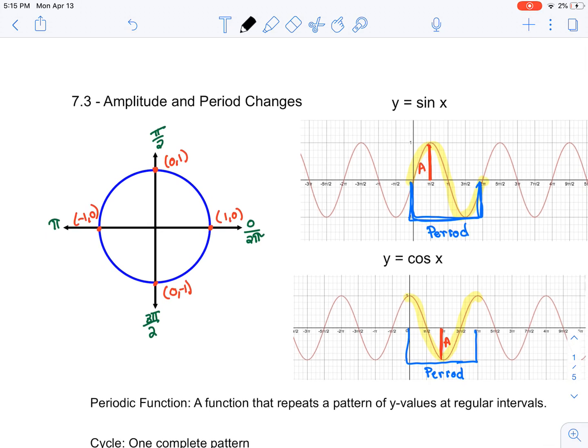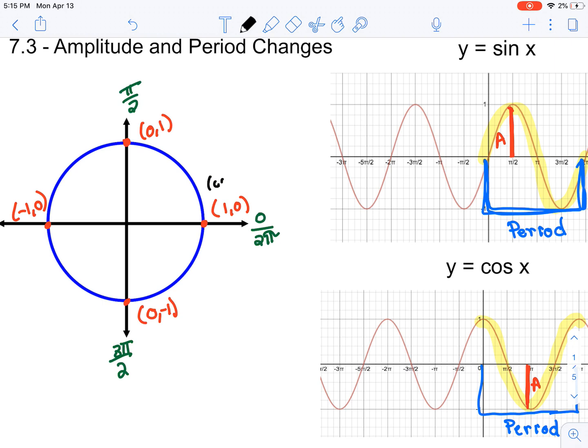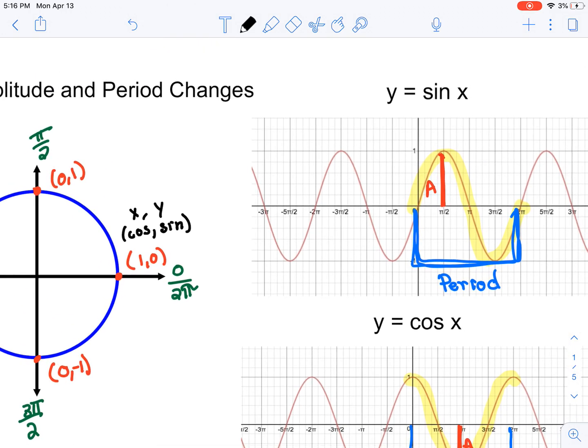So when we're at 0 degrees, we talked about this as really cosine, sine, because this is x, y. On our unit circle, the x of our point is our cosine, the y of our point is our sine. So if I look at 0 degrees, and I'm looking at this sine graph here, the sine at 0 degrees is 0. So our first point becomes 0.